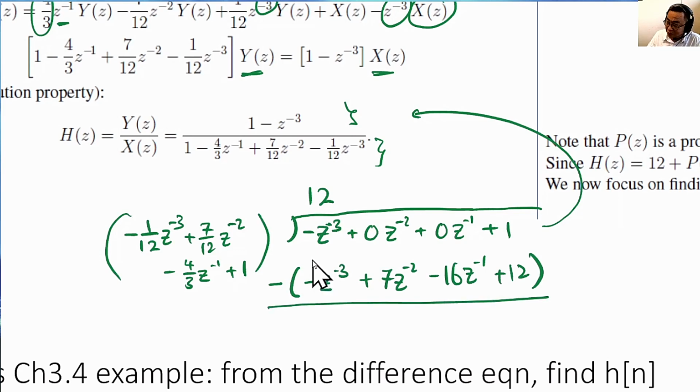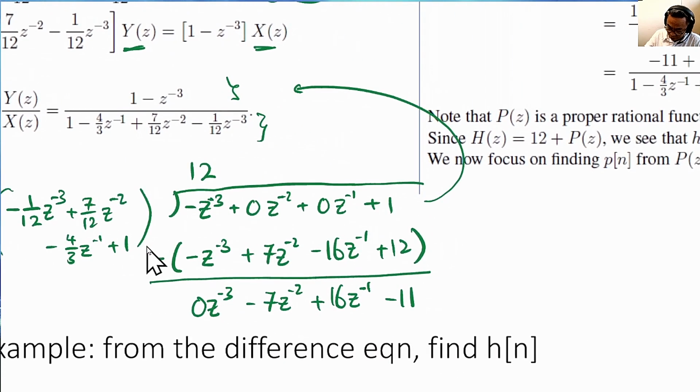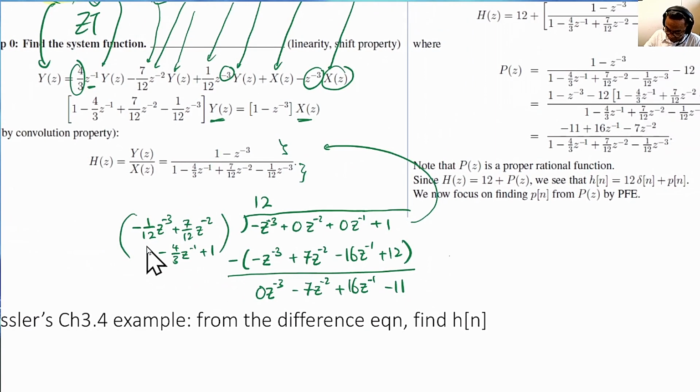So what we do now, after subtracting, we have this, and this now is a lower power than this polynomial in the denominator. So what we can do is we can write it in this way.